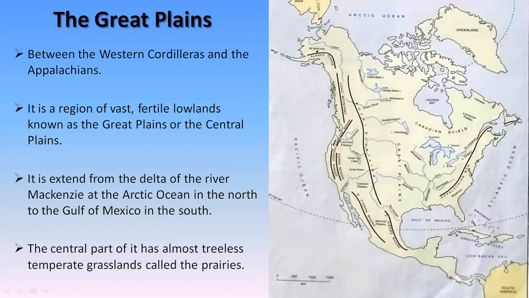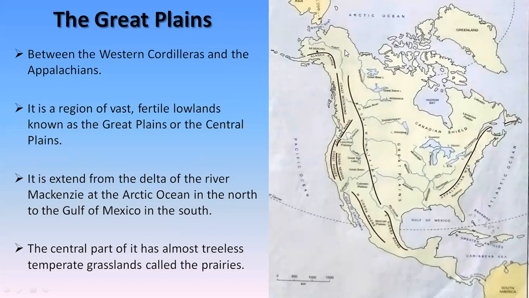So you can see in the picture this is North America and the Great Plain is located over here, so it is called the Central Plain. In other words, it's called the Great Plains. So we will find the boundaries. On the west side you will find the Western Cordilleras, and on the east side you will find the Appalachian Mountain Range.